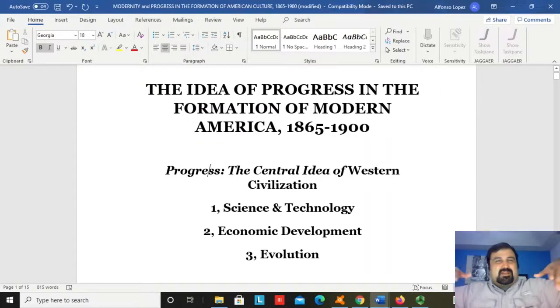So during the 19th century, this was the central idea, the mood of the age, the spirit of the age, so to speak, that many Americans believed in: the idea of progress.